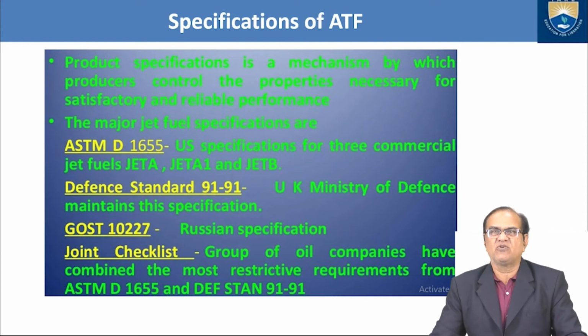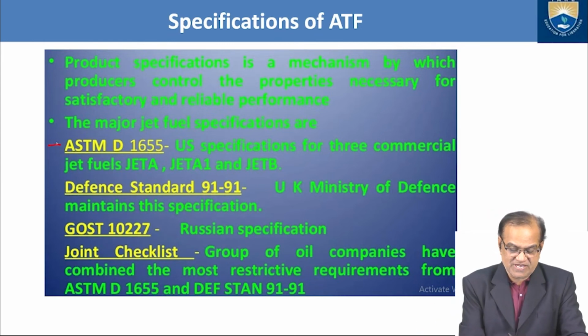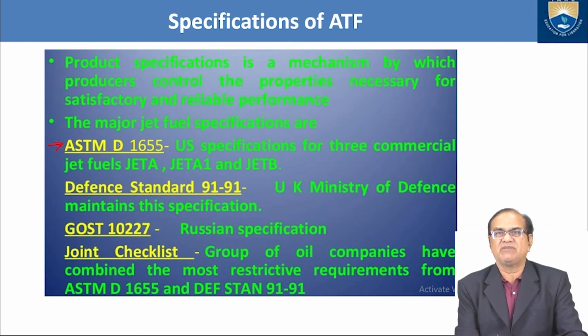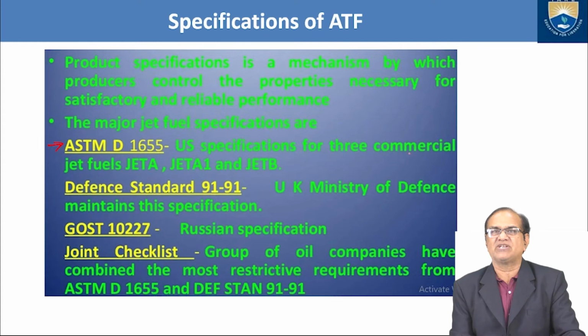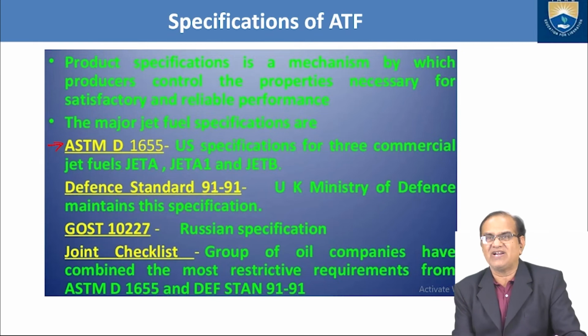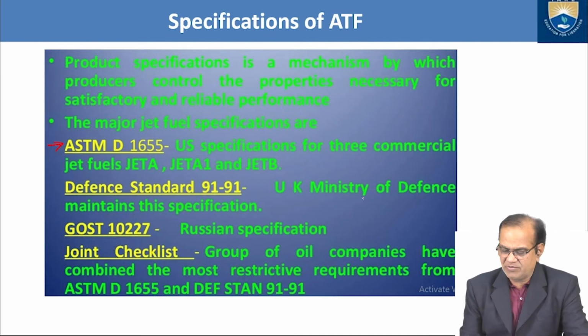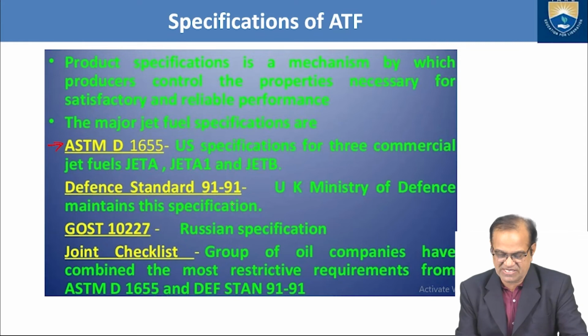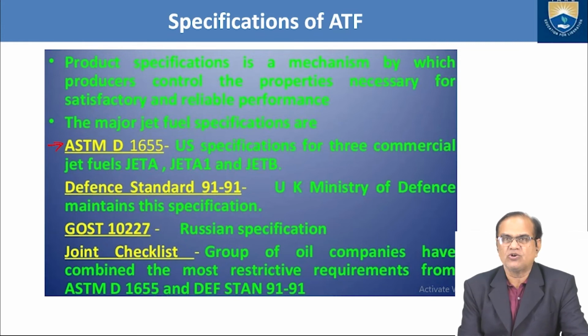The major jet fuel specifications, which are international specifications, are: first, ASTM D1655, the US specification for three commercial jet fuels, Jet A, Jet A1 and Jet B. Then Defense Standard 91-91, maintained by the UK Ministry of Defence. GOST 10225, the Russian specification.